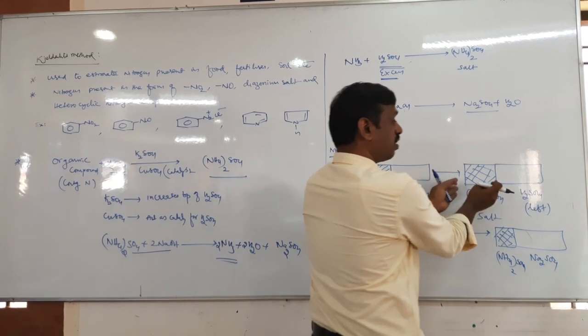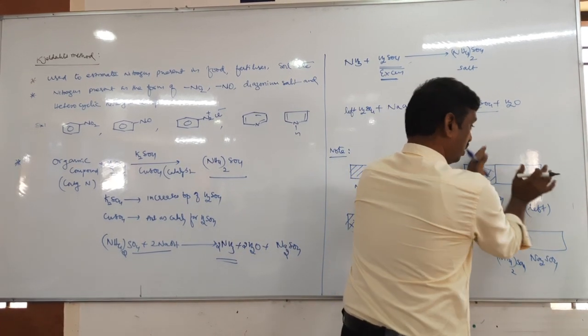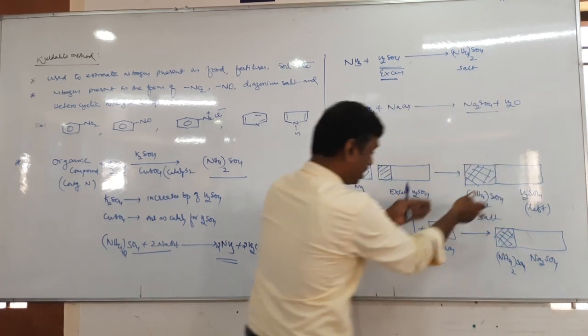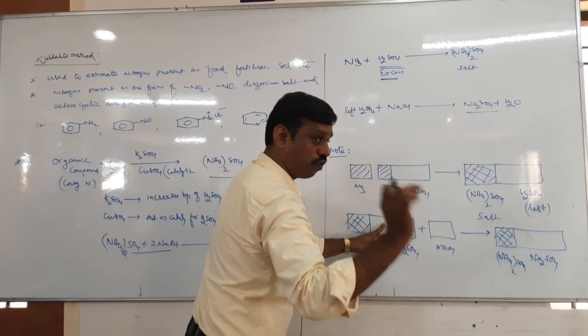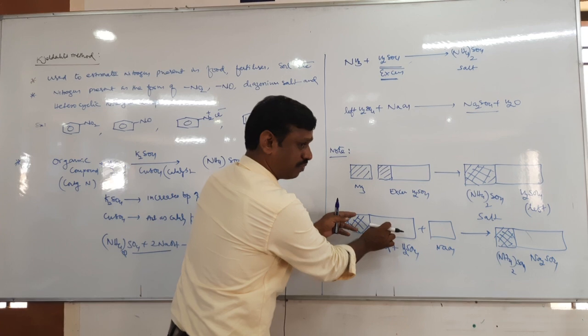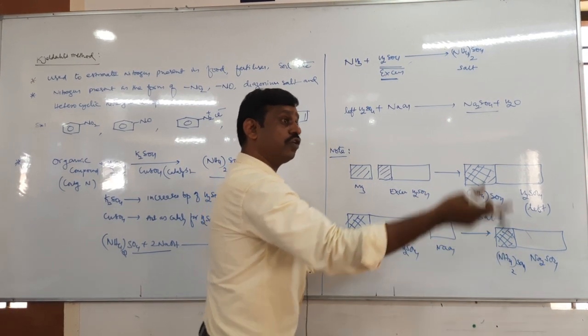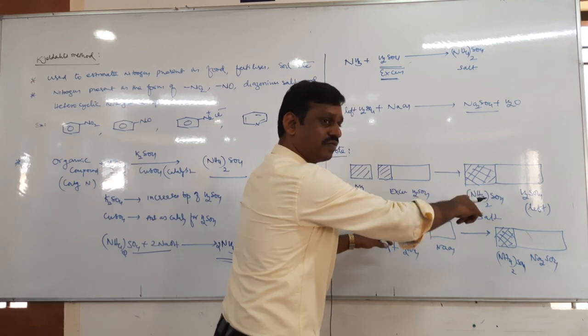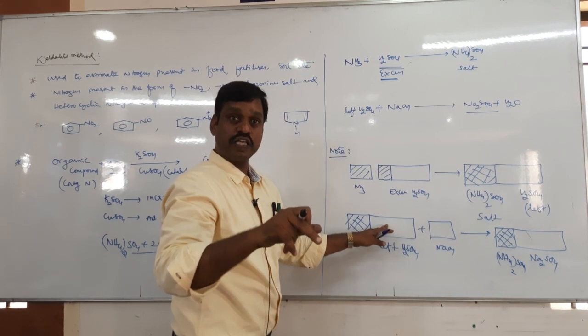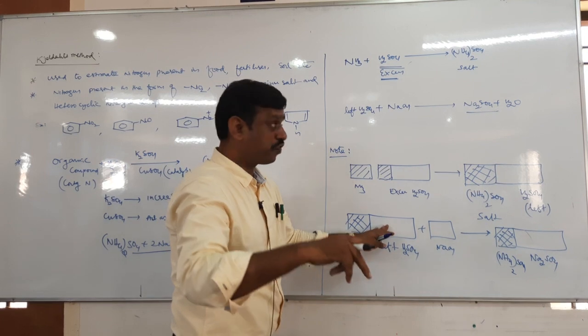Now here we can take what? The sulfuric acid left. This can be measured. We wanted to calculate the left sulfuric acid. If you calculate the left sulfuric acid, can you calculate the used sulfuric acid? Indirectly, it comes, right?